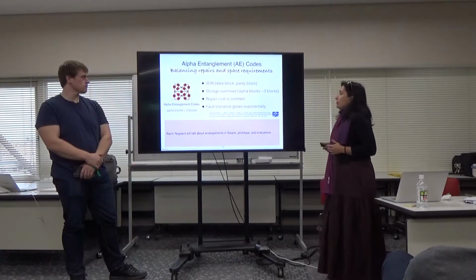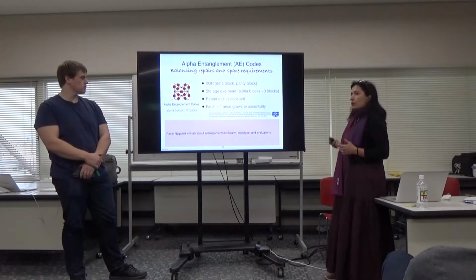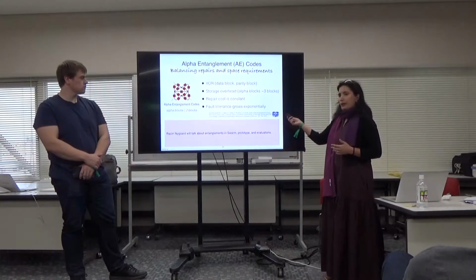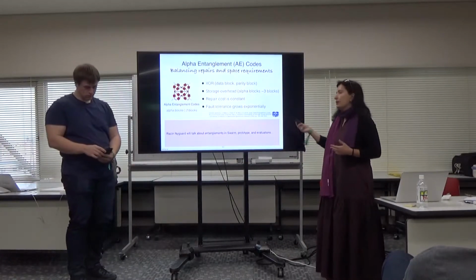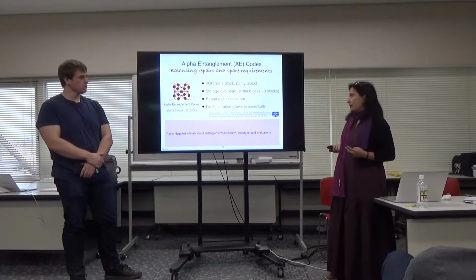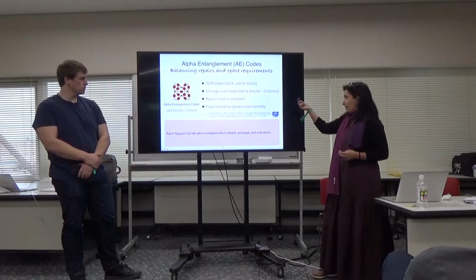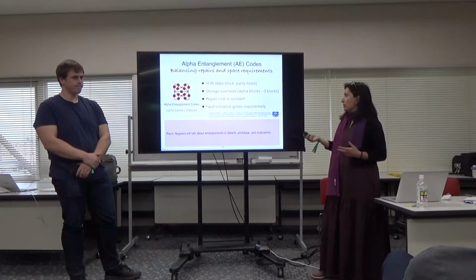So the good thing about alpha entanglements is that the repair cost is constant, no matter the alpha that you use. You will always need 2 blocks for repairing one single failure. And the storage overhead is equivalent to the alpha blocks that you're generating.